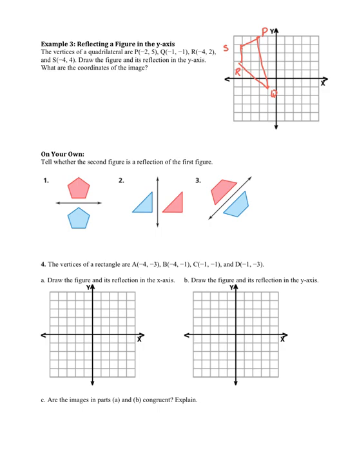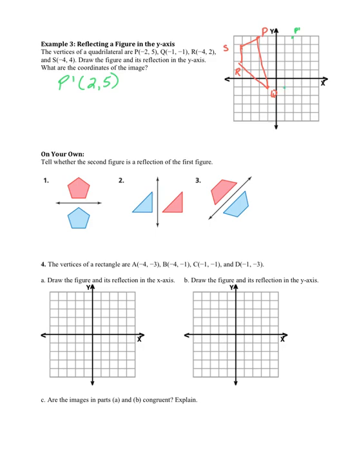And then we're going to reflect each of these points in the y-axis. So P, instead of being at negative 2, 5, will be at positive 2, 5. That's P prime. So P prime is at 2, 5. Q prime will be at 1, negative 1.